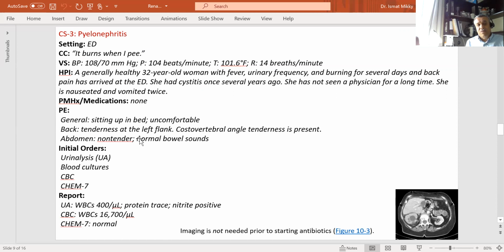As we review the report, especially looking at the white blood cells, it's 16,700. So it's extremely high, elevated. Within the urinalysis UA results, we can look at two things, the nitrites and the esterases.